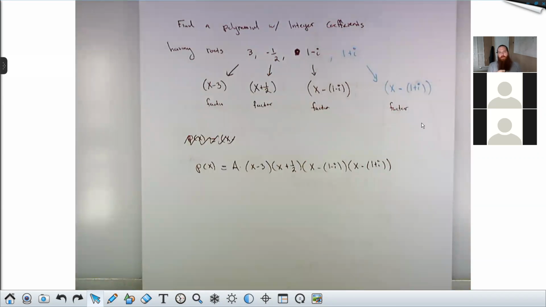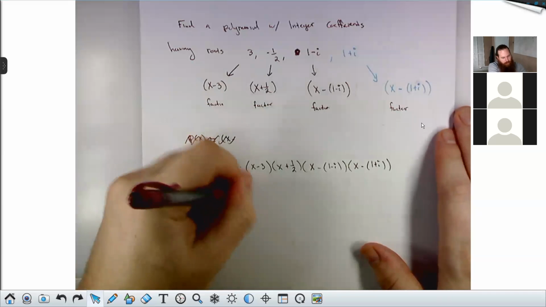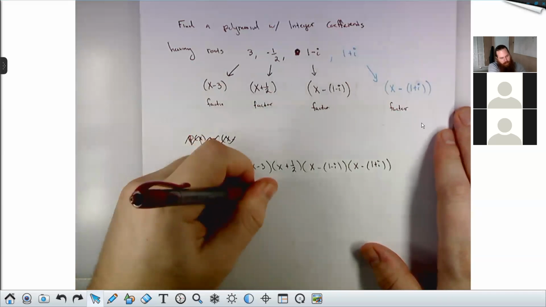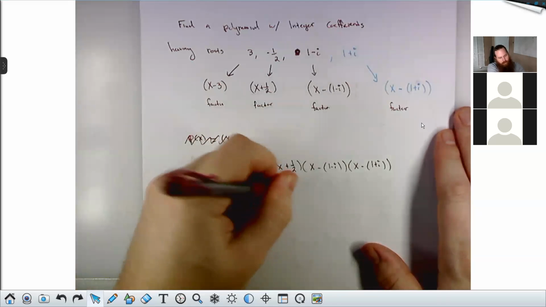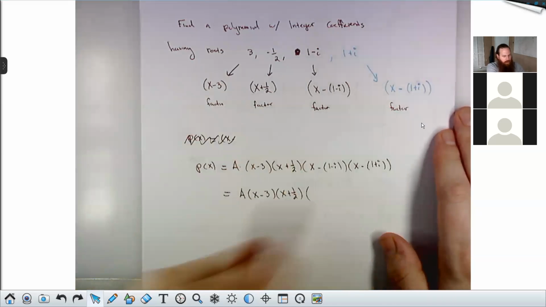If I multiplied all of this out, would I have integer coefficients? I'll take care of this middle guy here for you.